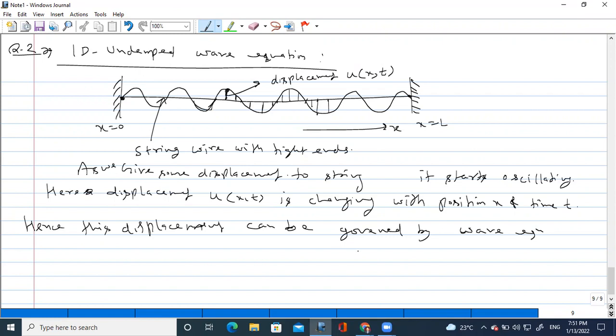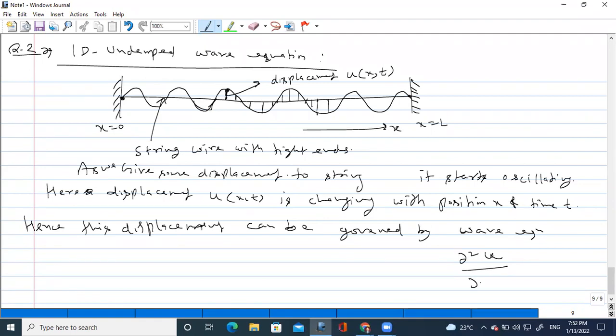And now tell me, what is a wave equation? In EMT I taught you. Anybody remembering the wave equation? Del 2 u; there we used v, but here you can use u.